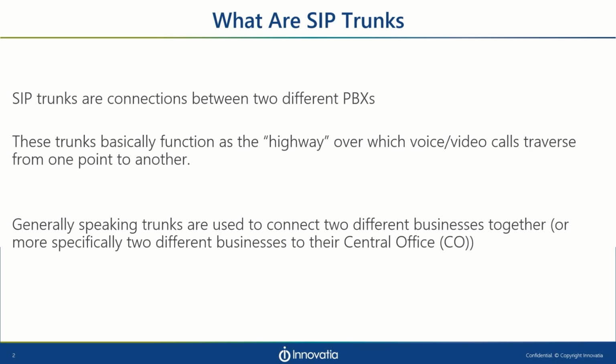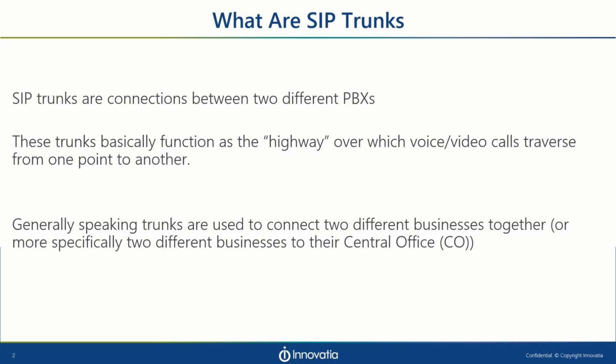A SIP trunk is basically a connection between one business and another, and it's used to send calls from one business to another. You can consider SIP trunks as being very similar in function to a highway, where cars are traveling down over the highway; voice calls will be sent out over this SIP trunk from one point to another.